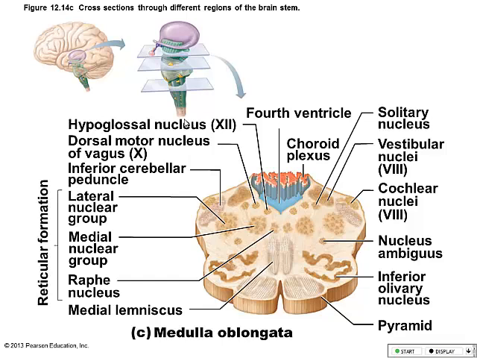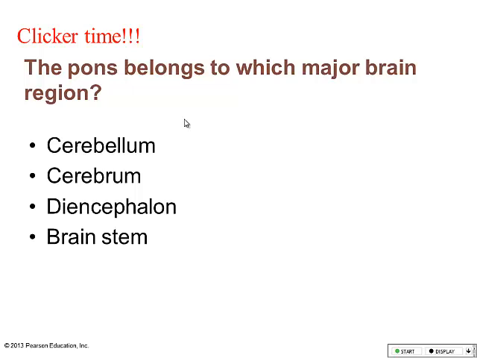Again, a cross-section of the medulla oblongata shows a whole bunch of different names and a whole bunch of different roads and pathways. When you become the brain surgeon, you're going to need to know all of these, where they are and what they do. The scary thing for the brain surgeon is not everybody's got the same roadmap.